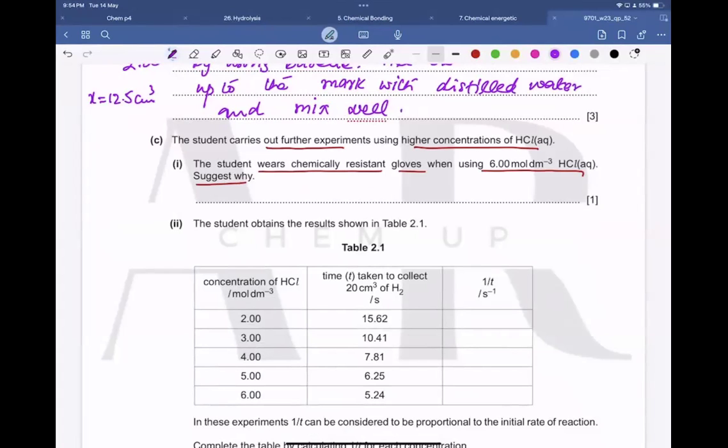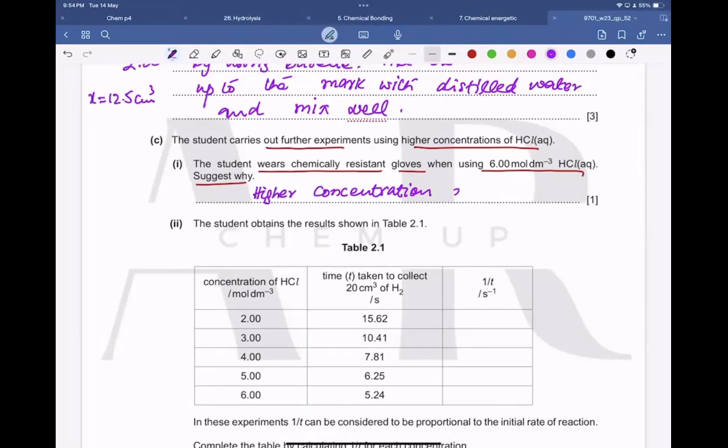So higher concentration makes it even more corrosive. Is this clear to all of you?